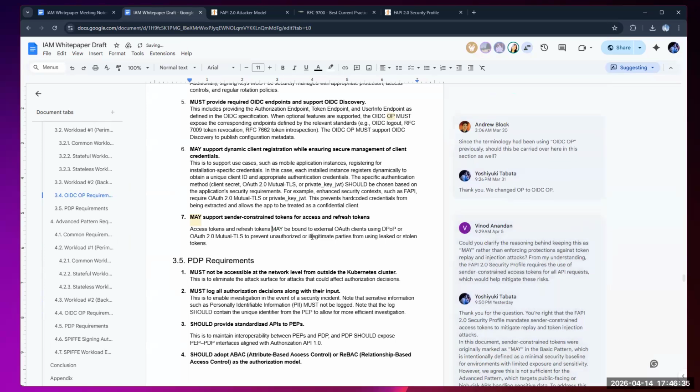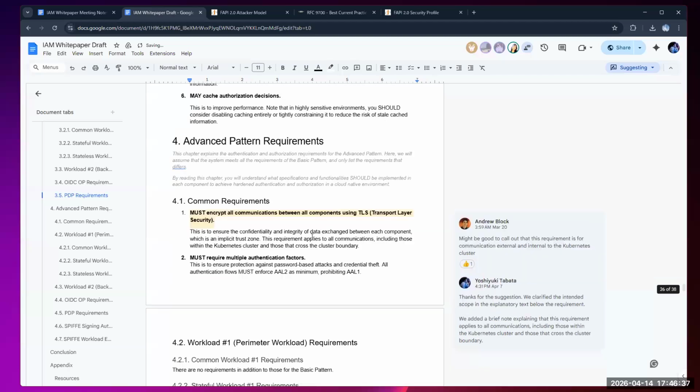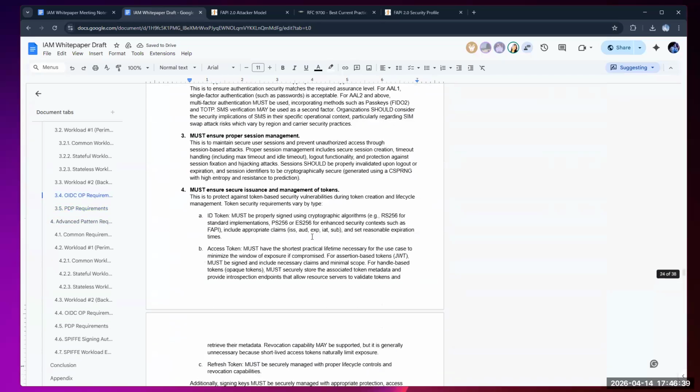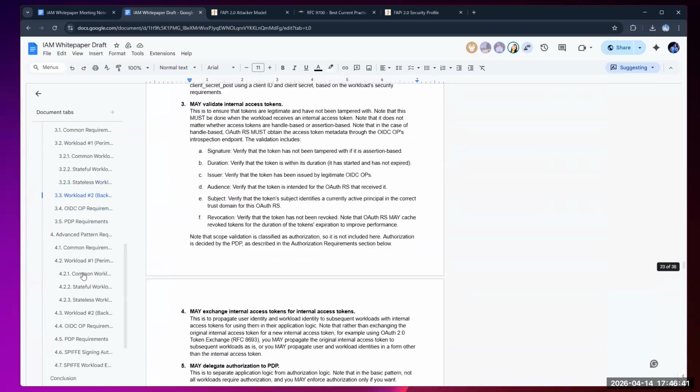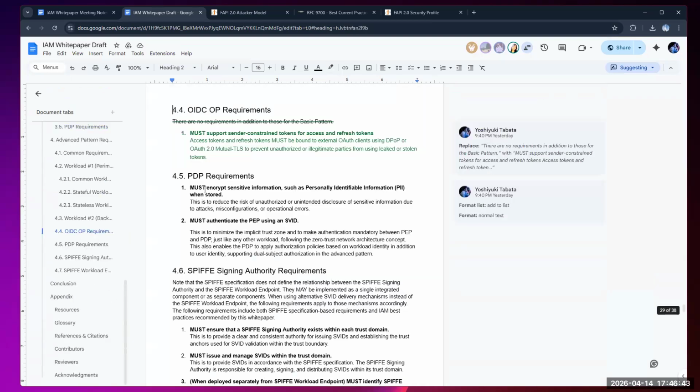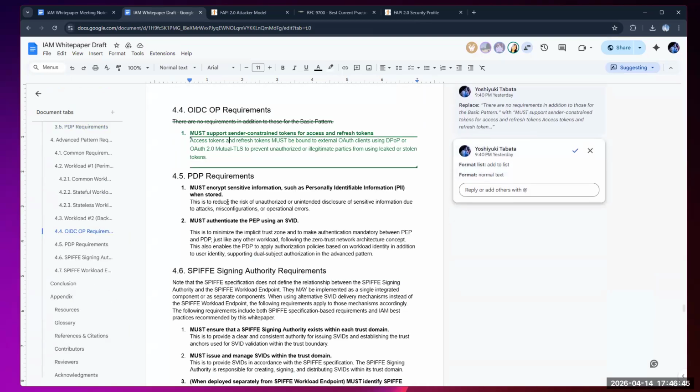Okay. So the remaining part is these advanced pattern requirements. Yeah, we should keep the may requirements or should add must requirements here.